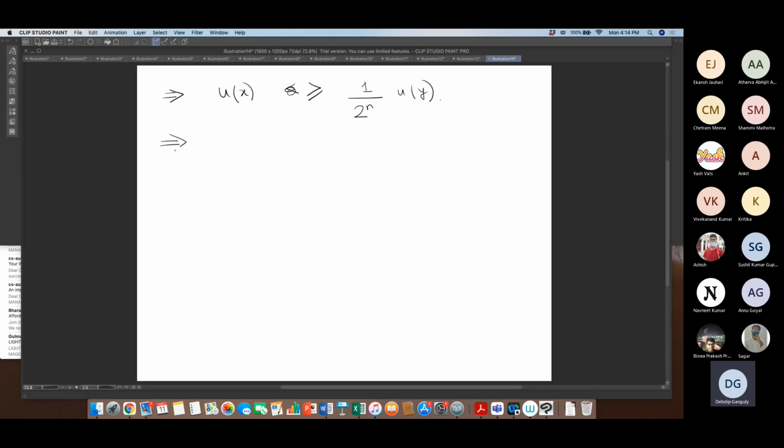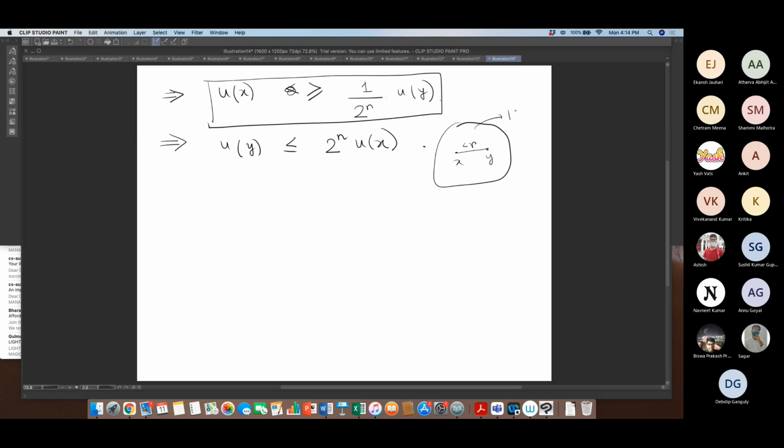And this implies that u(y) is less than or equal to 2 to the power n times u(x). So in any compact set K, for x and y when the distance between x and y is less than r.